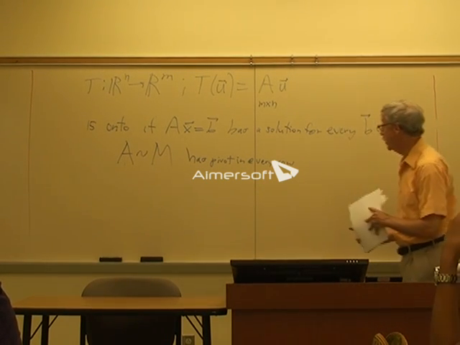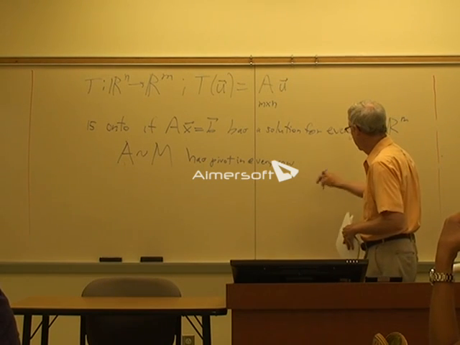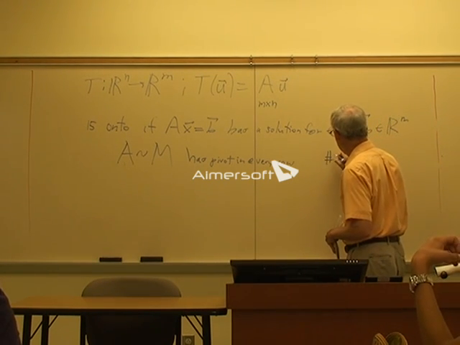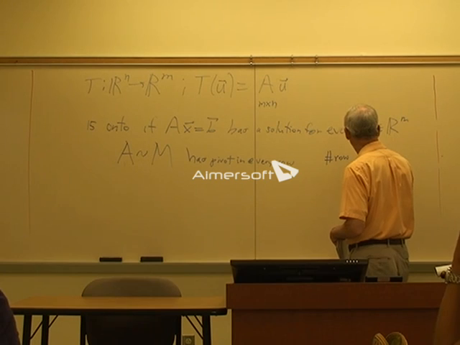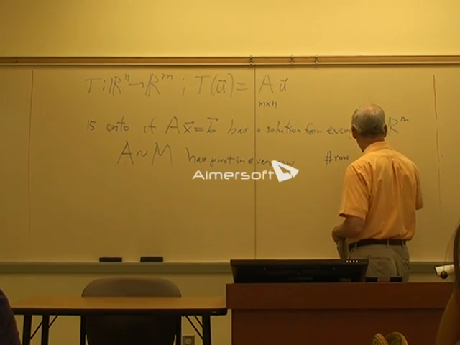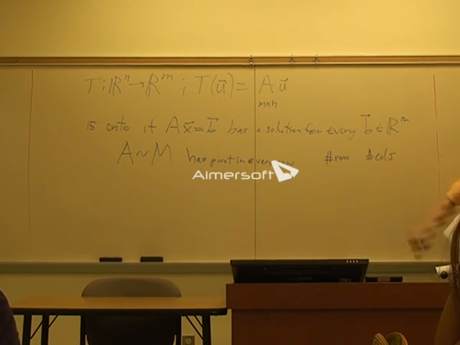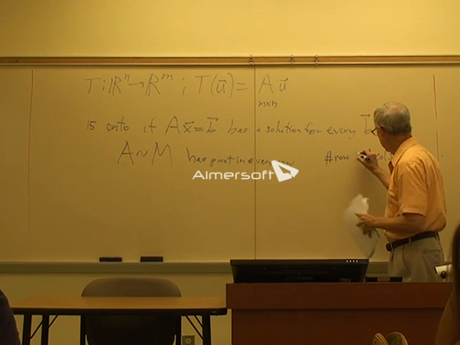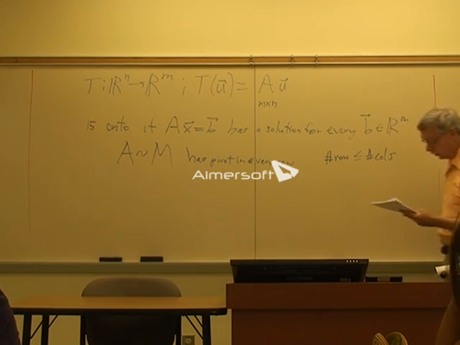But this says something important. If it has a pivot in every row, if I consider the number of rows versus the number of columns, what must be true? Can I have fewer columns than rows? No, because pivots go diagonally at best. So this must mean that the number of columns is at least as big as the number of rows.